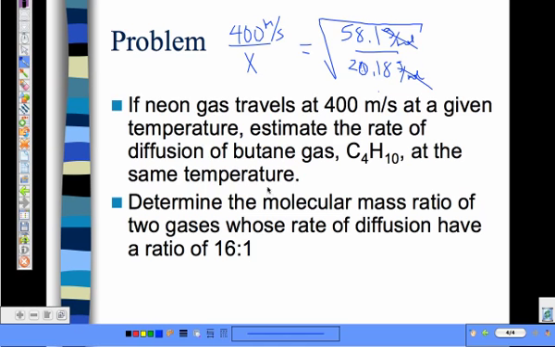So whatever you get on the right, you're going to divide by, or take 400 divided by that, right? I got 235.74.